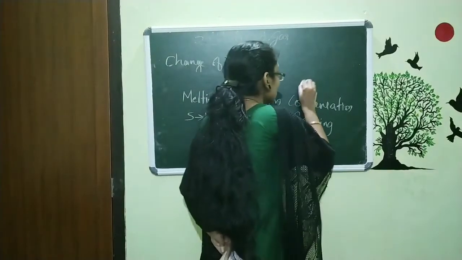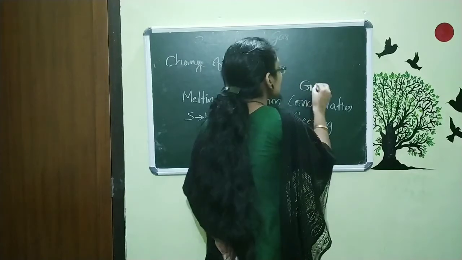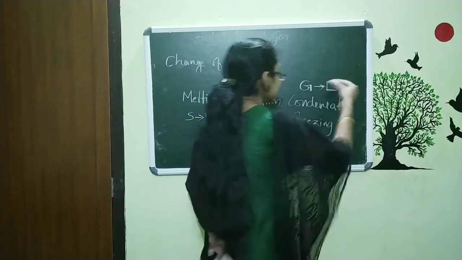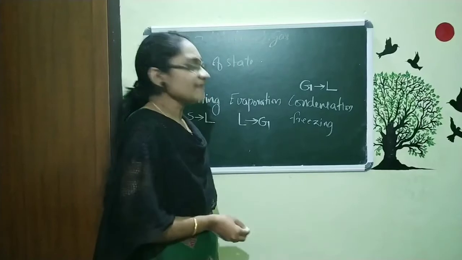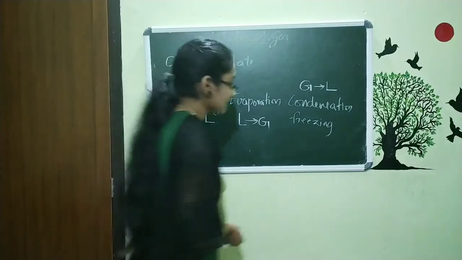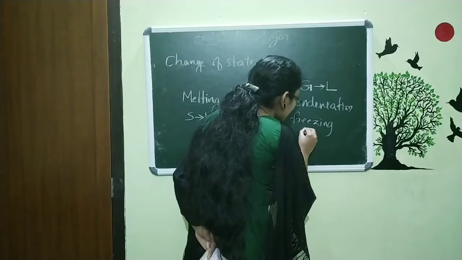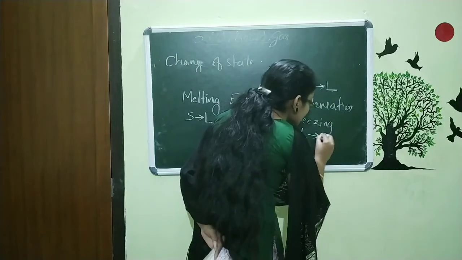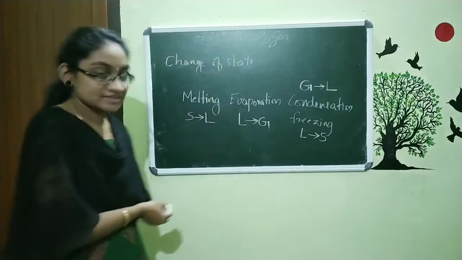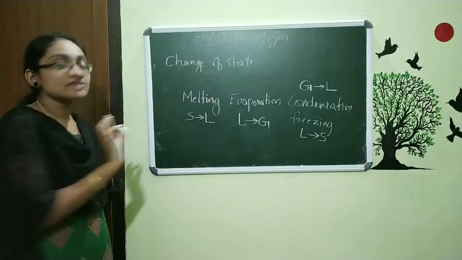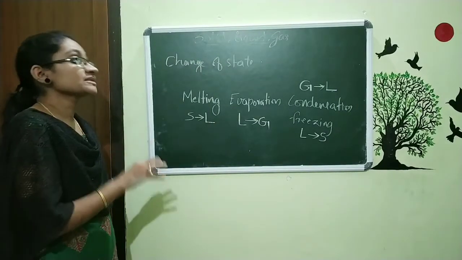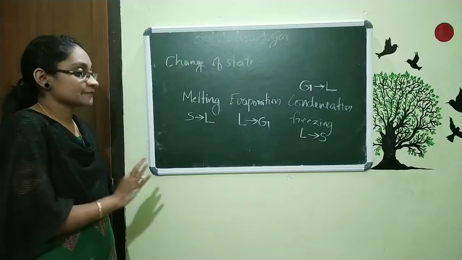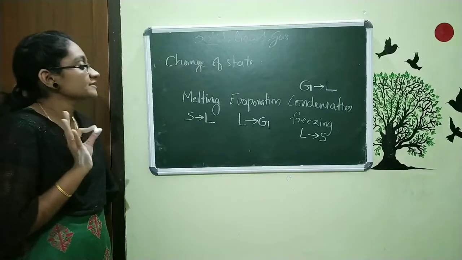The conversion of gaseous form to liquid is condensation. And what about freezing? It is the conversion of the liquid state to solid state. This is the only thing we explained here, using the example of water, and that is there in your syllabus.